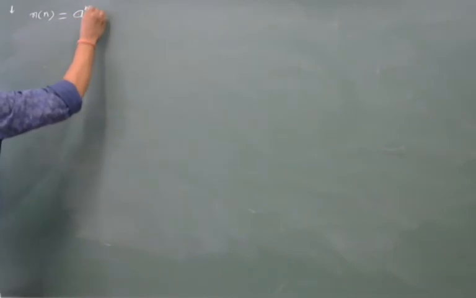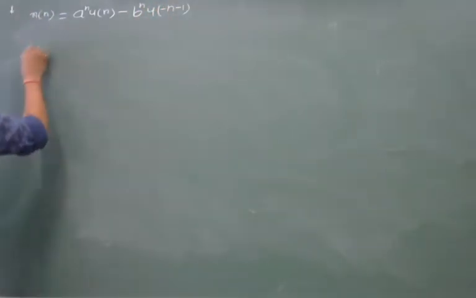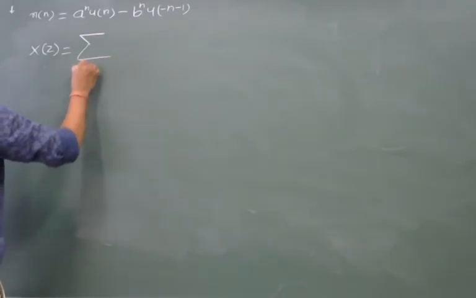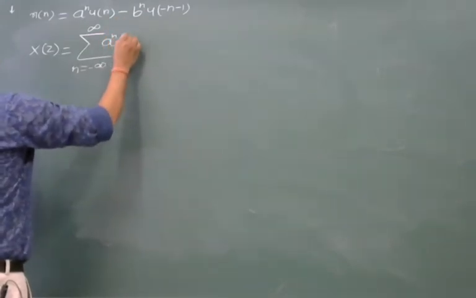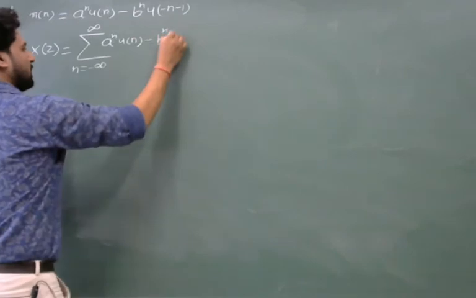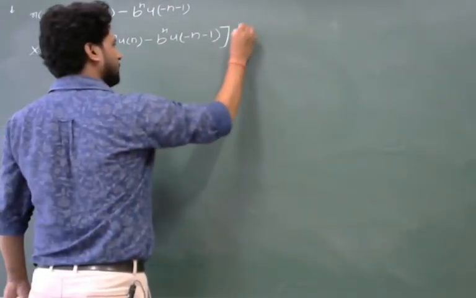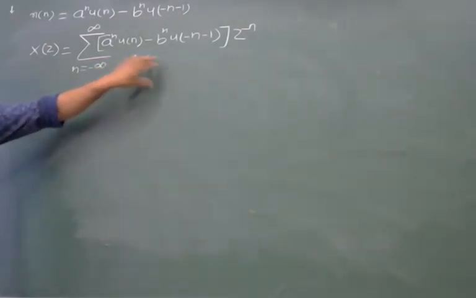If x[n] is given as a^n u[n] minus b^n u[-n-1], then X(z) will be equal to the sum from n equals minus infinity to plus infinity of (a^n u[n] minus b^n u[-n-1]) times z^(-n). By using this relation, we can find the Z transform for the given signal.